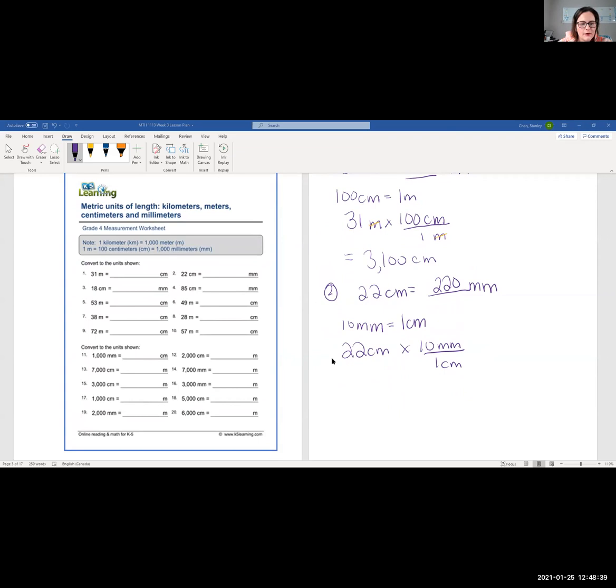Now, the next step would be to go from something very small to something very large, like nanometers all the way up to kilometers. But I might save that for tomorrow. So let's try another one.